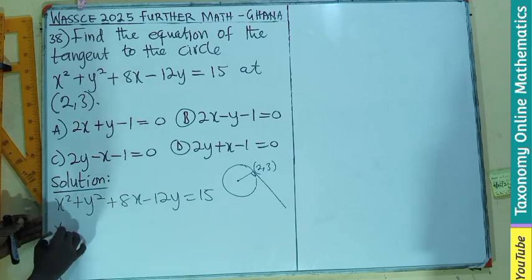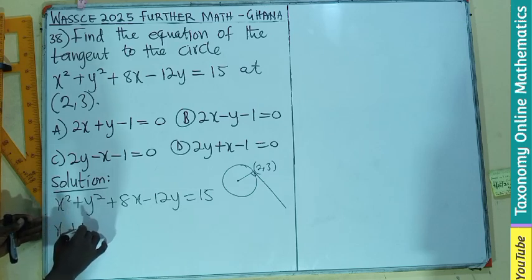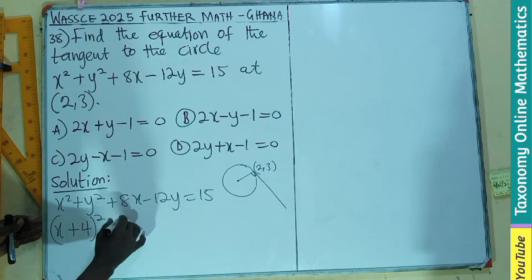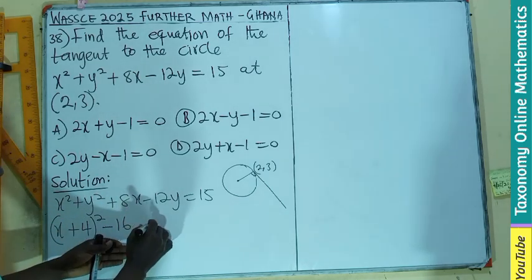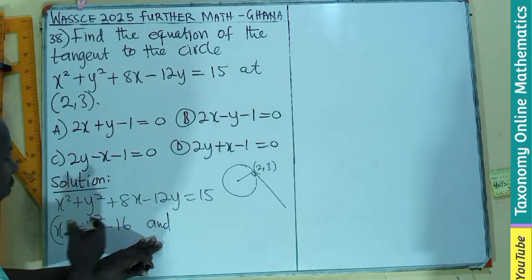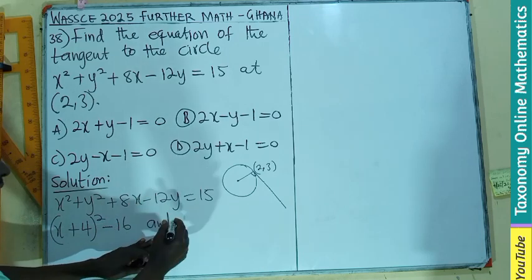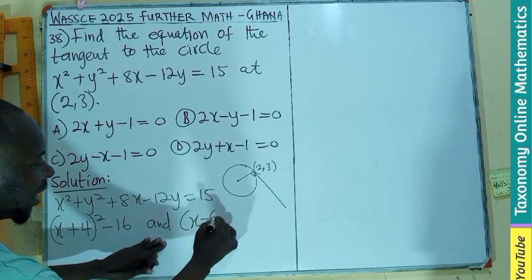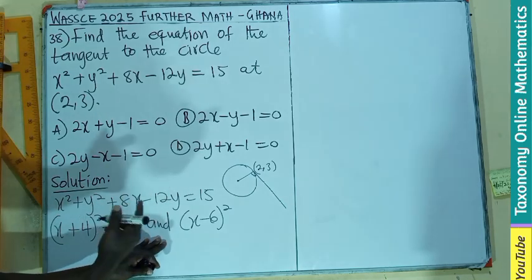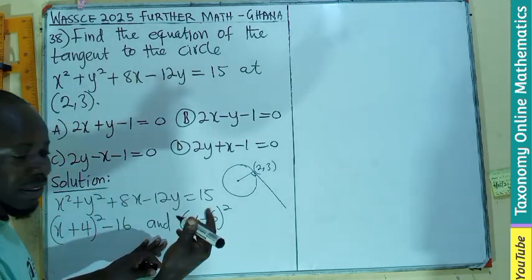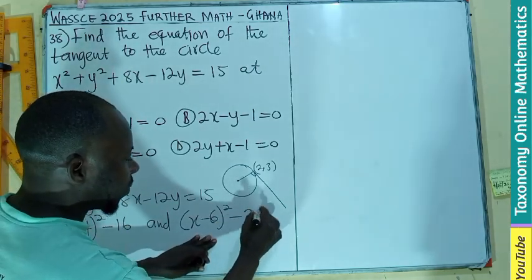So we take it at once: x plus 4 all squared, then we subtract the 16. And for y, I am finding half of negative 12, which is negative 6, so y minus 6 squared. The square of negative 6 is 36, and we subtract that.